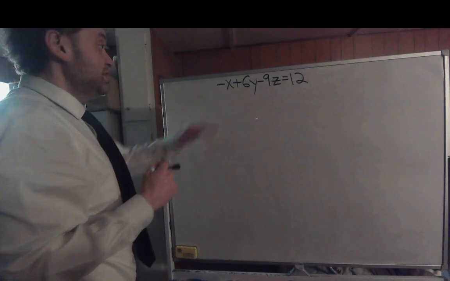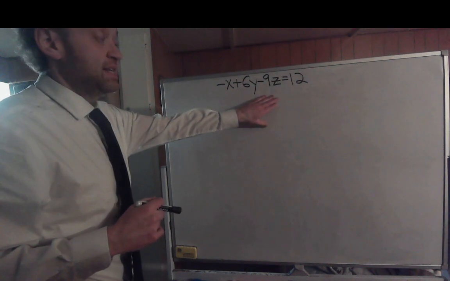So we have -x plus 6y minus 9z equals 12.